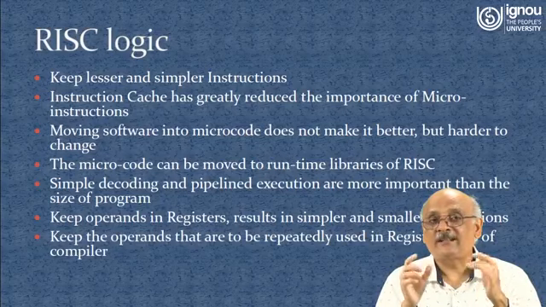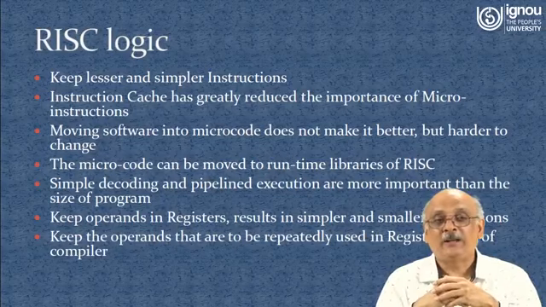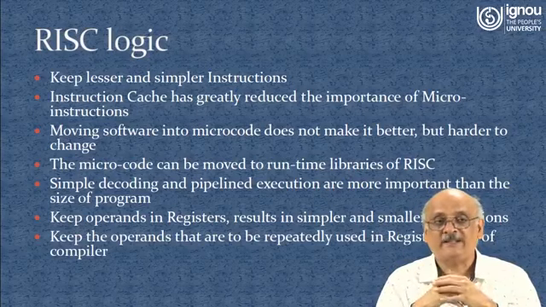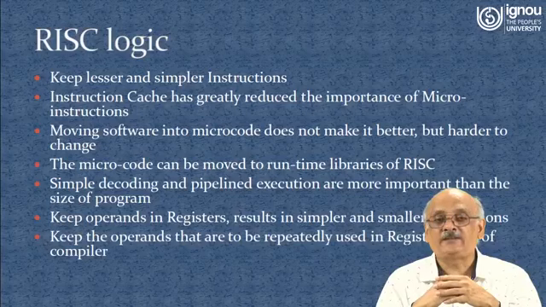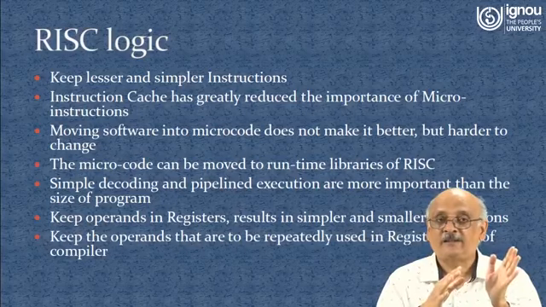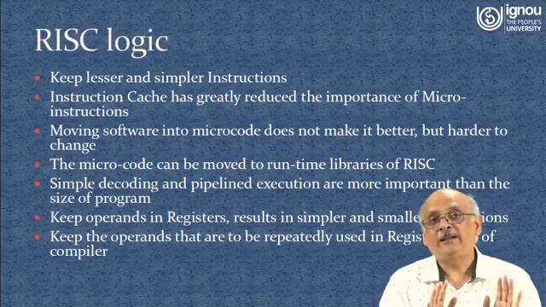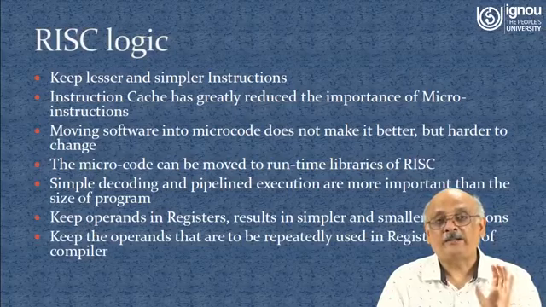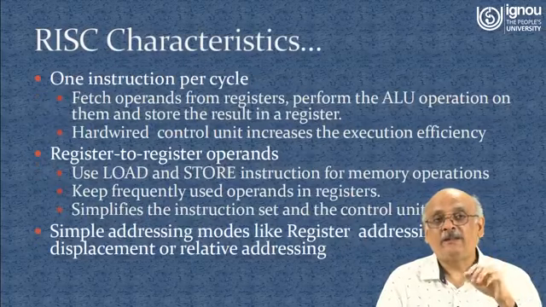Because register addressing requires smaller space. But for that you will require some more additional things, but the logic is this: keep the operands that are to be repeatedly used in registers. All those operands which are to be used again and again, keep them in registers. And this was the job of the compiler.